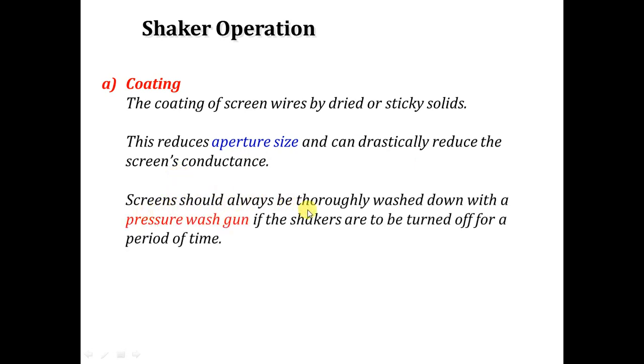Screens should always be thoroughly washed down with a pressure wash gun if the shakers are to be turned off for a period of time. So as I told you, if you need to clean the shakers, you have to use the pressure wash gun.